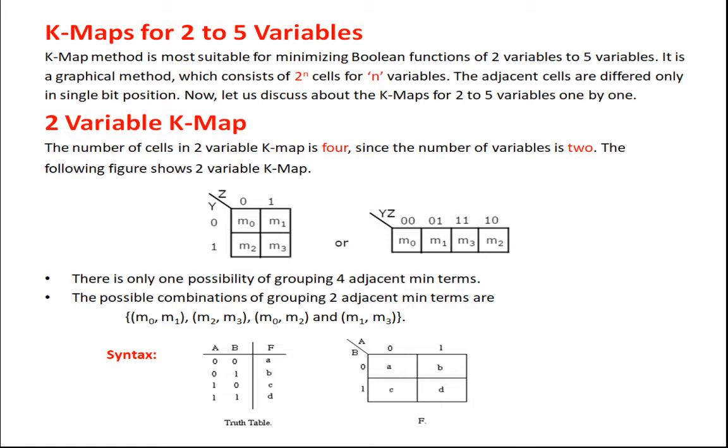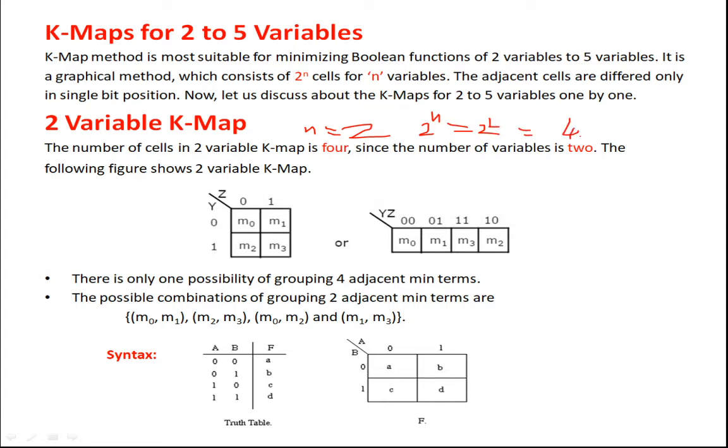The number of cells in a two variable K-map is 4. As we have two variables in the given expression, the value of n is 2. So as per the formula for the number of cells, 2 raised to n is nothing but 2 raised to 2, which is equal to 4.